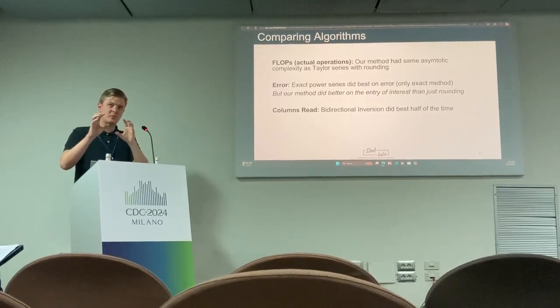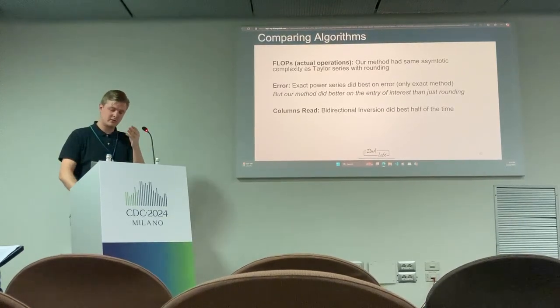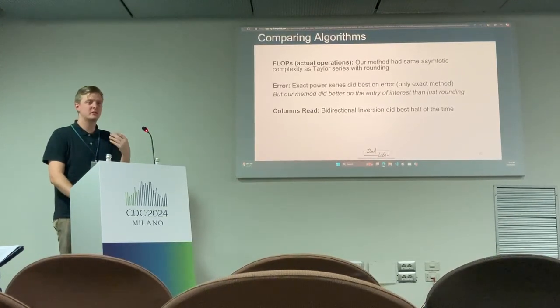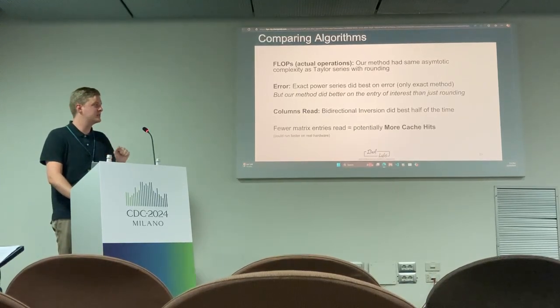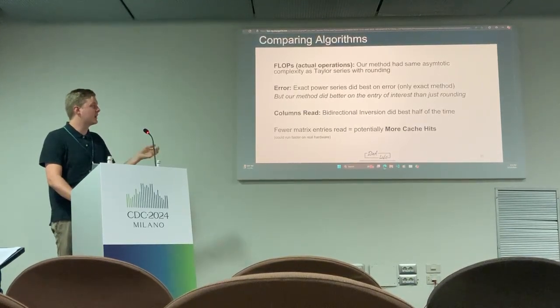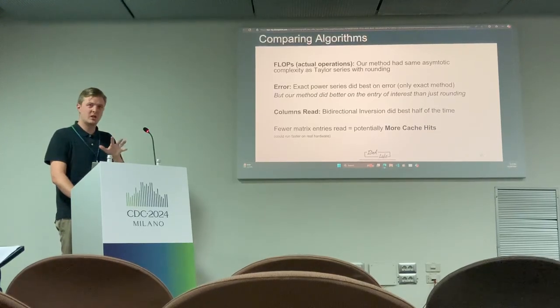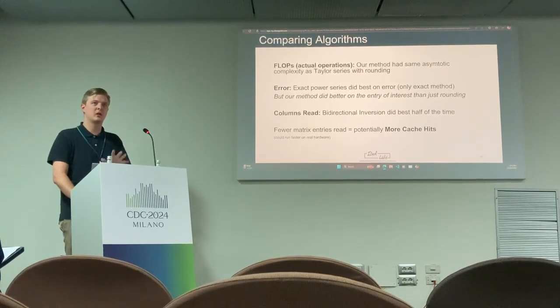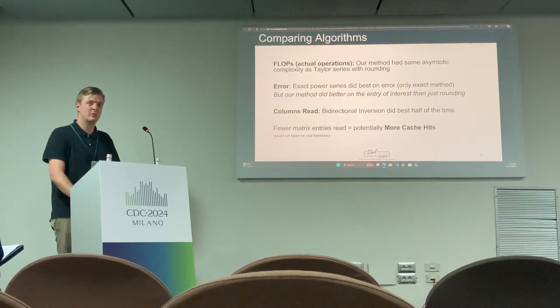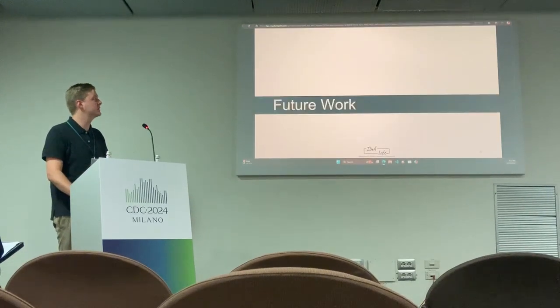By restricting our computation to those entries of interest, we were able to use the memory hierarchy a little more efficiently, with more cache hits. Hopefully, even though it's the same number of flops, that will lead to faster actual runtime on real hardware by using the memory hierarchy more intelligently.